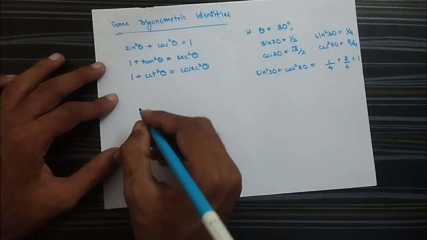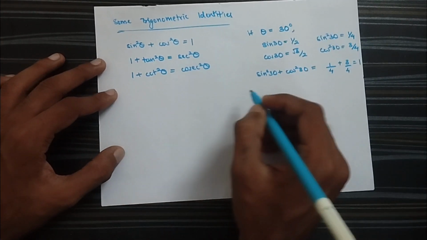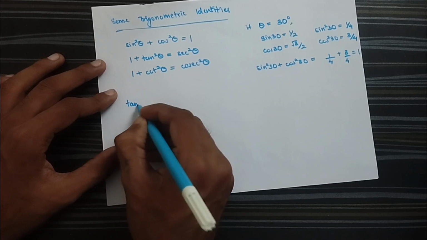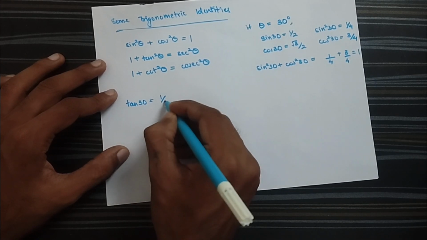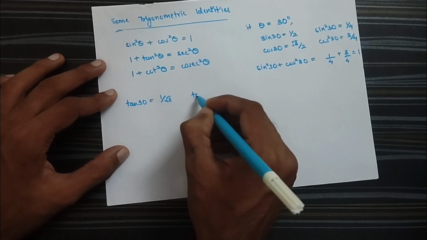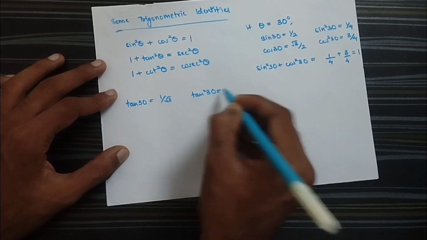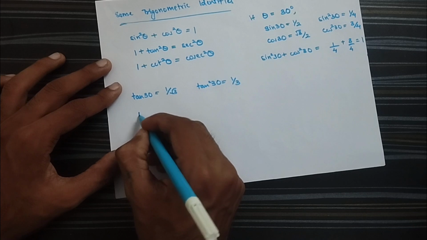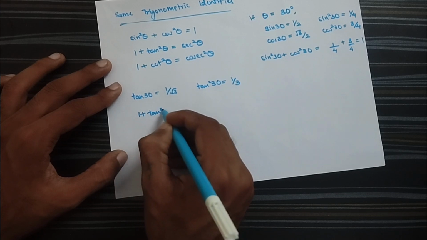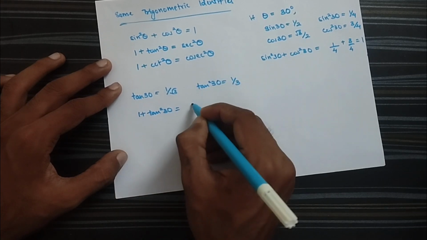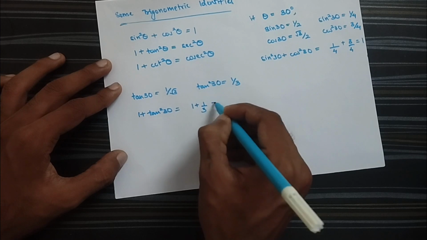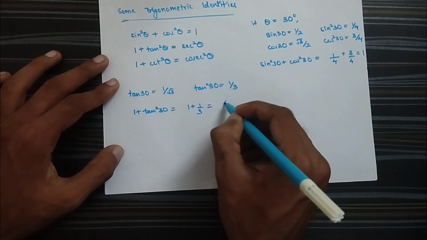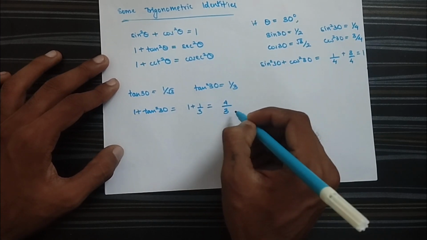We can prove these two as well. I'll just do that now. If theta is 30 itself, tan 30 is 1 by root 3. So tan square 30 would be 1 by 3, 1 by root 3 whole square. So 1 plus tan square 30 is equal to 1 plus 1 by 3, which is equal to 4 by 3.